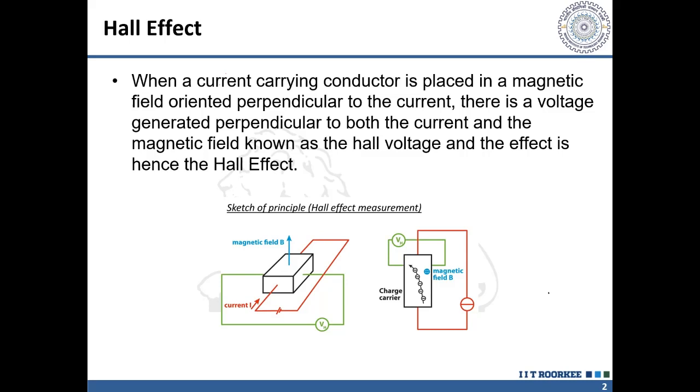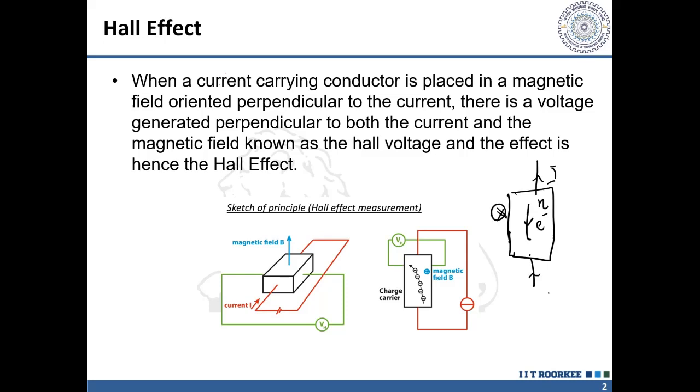When we work with the Hall effect, we can consider a thin slab or a conductor through which we pass a current, say I. There is an electron flow in this direction, and let's say it has a carrier charge density of n. Now suppose I induce a magnetic field B coming out of the board, perpendicular to the board.